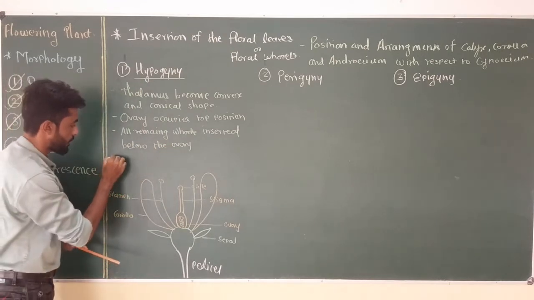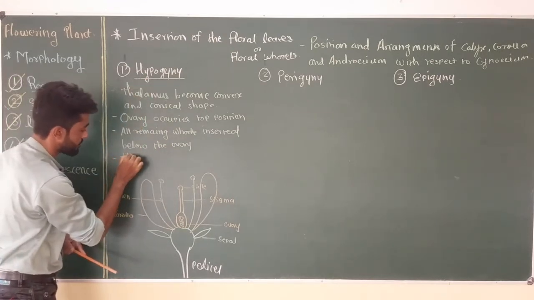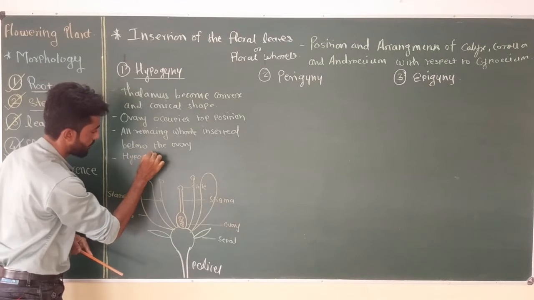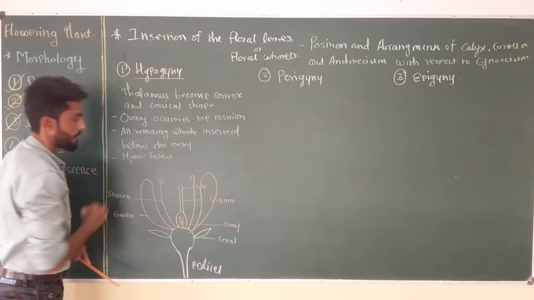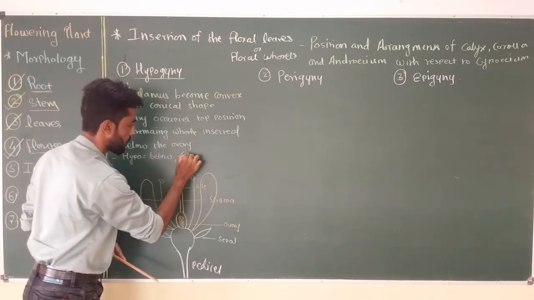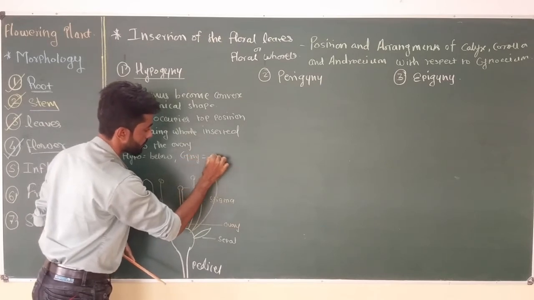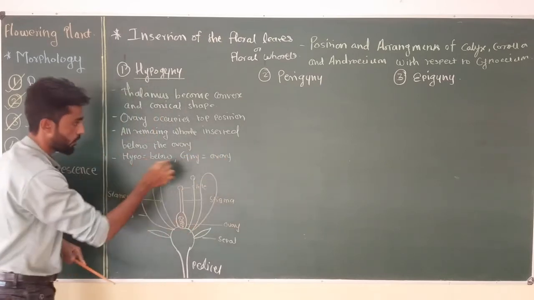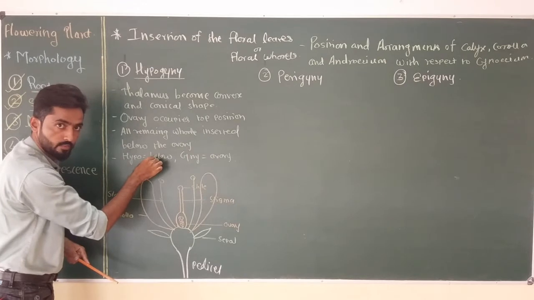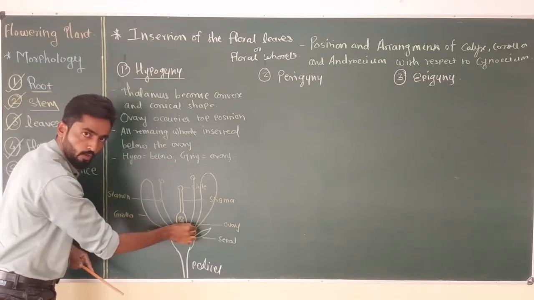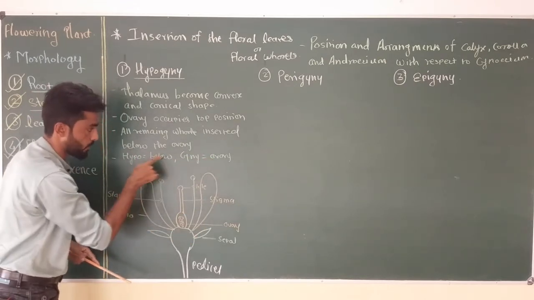Okay, and why do we call it hypogyny? Hypo means below and gyne is ovary. So ovary below means all other floral whorls are going to be present below the ovary.